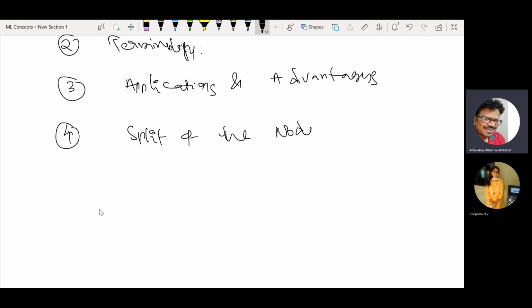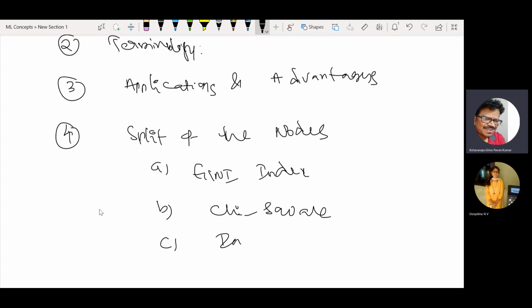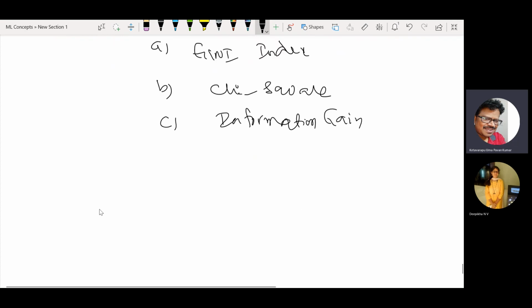Split of the nodes. There we have seen three techniques: the Gini index, then chi-square, and thereafter information gain. And of course, this information gain is computed with the entropy. Actually, 1 minus entropy is the information gain.